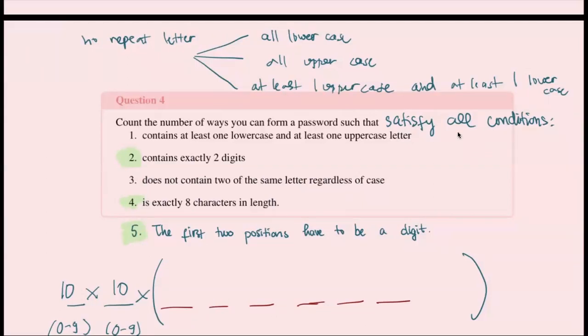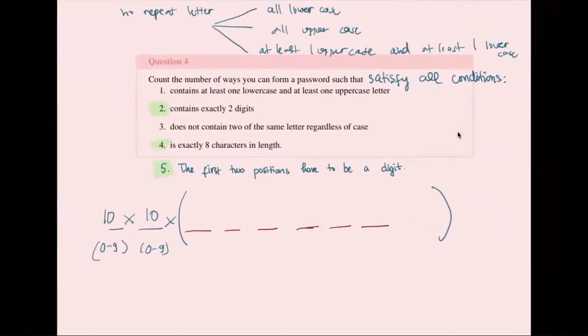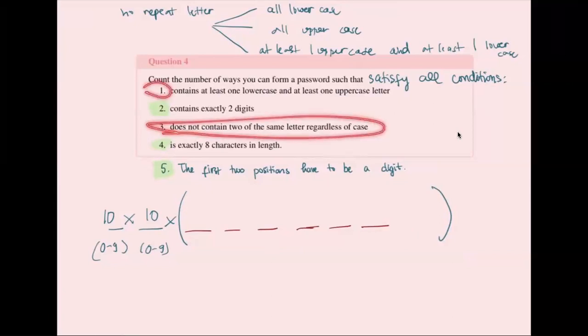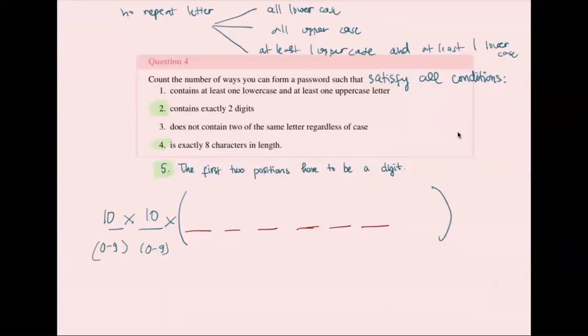Does this make sense? And also, does the partition make sense? Yeah. So now I want to know how many ways there are to choose 6 letters such that it satisfies both 3 and 1, which means I will have to find the number of ways to choose 6 letters, no repeat.